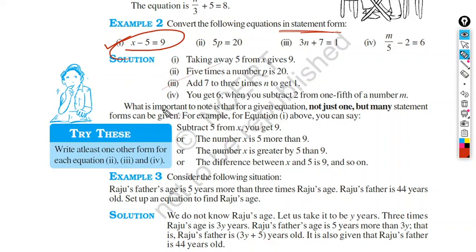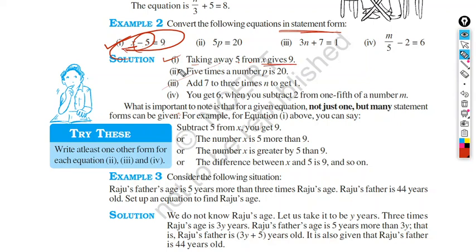So what we have done? We have taken away 5, or subtracted 5 from what? From x. You can clearly see 5 is subtracted from x to get 9. So we can write: taking away 5 from x gives 9.